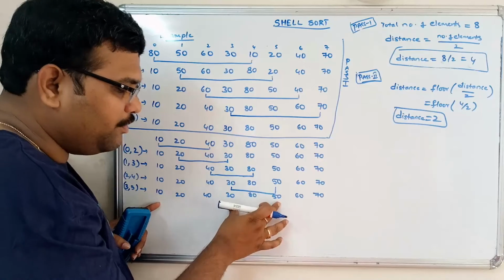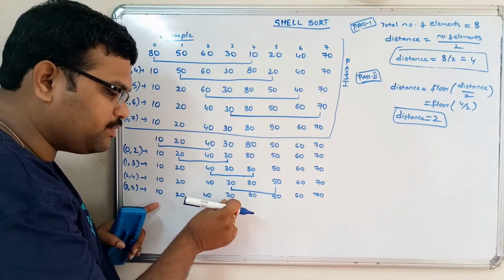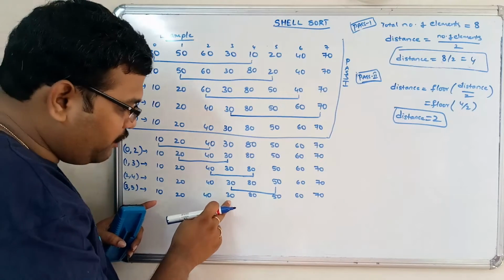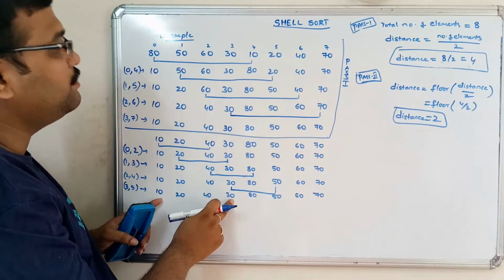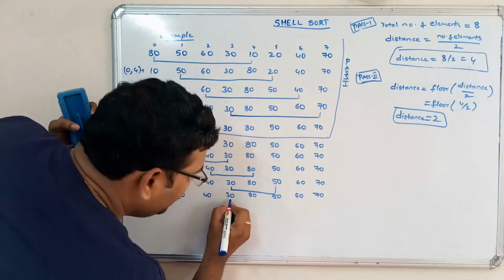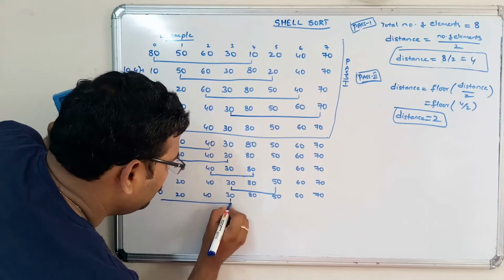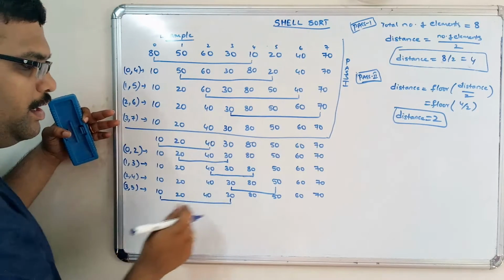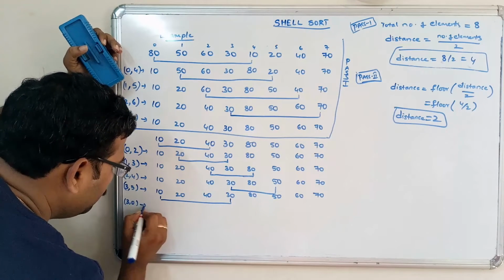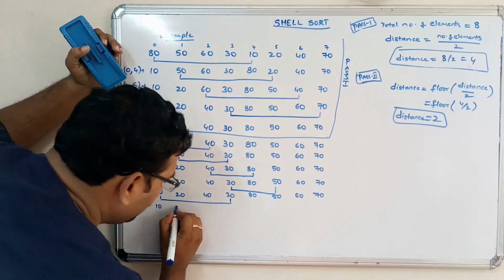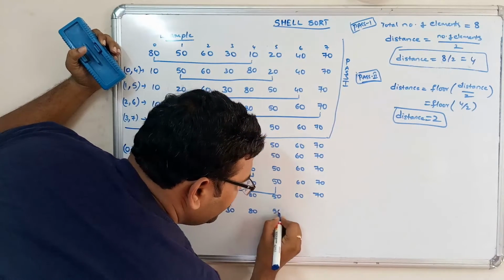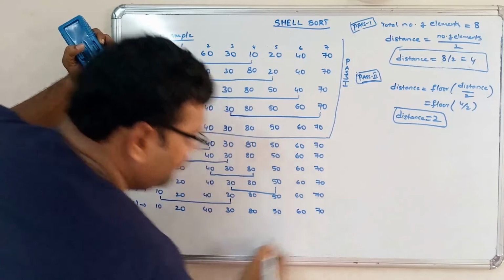If we have swapped the element, the element at the third index will be changing, right? So we have to compare that third element with the 0th element because the distance is 2. That also we have to consider. So 3, 0, already in sorted order: 10, 20, 40, 30, 80, 50, 60 and 70.